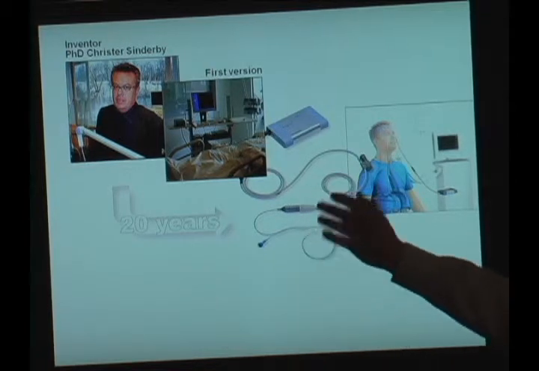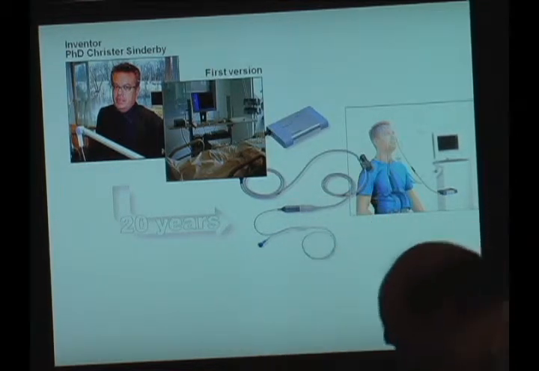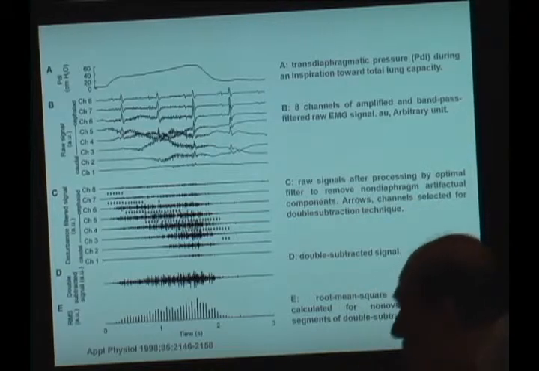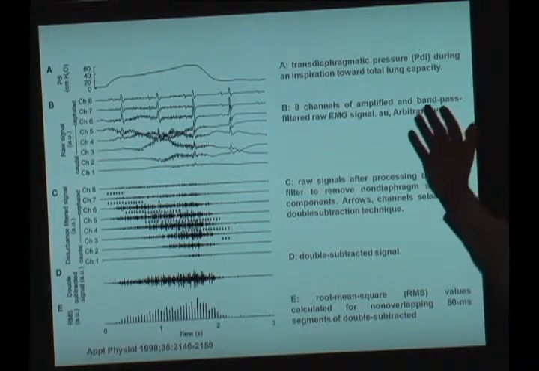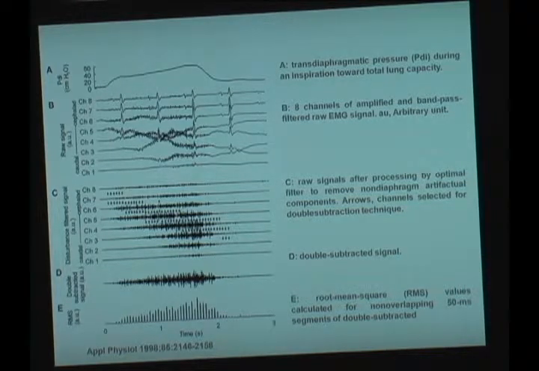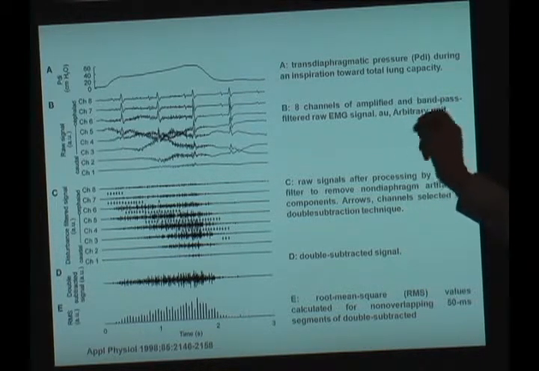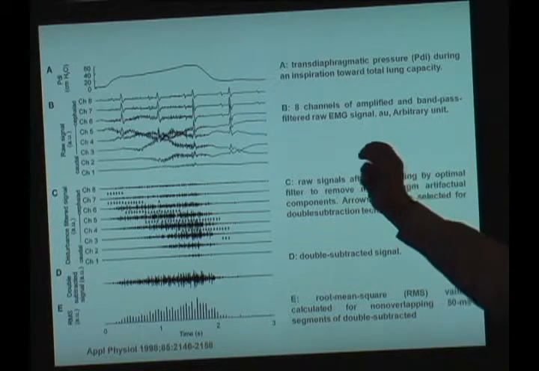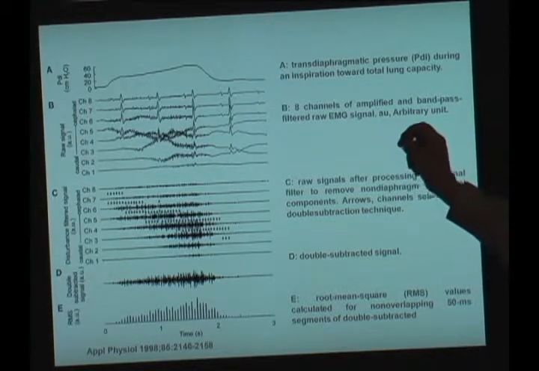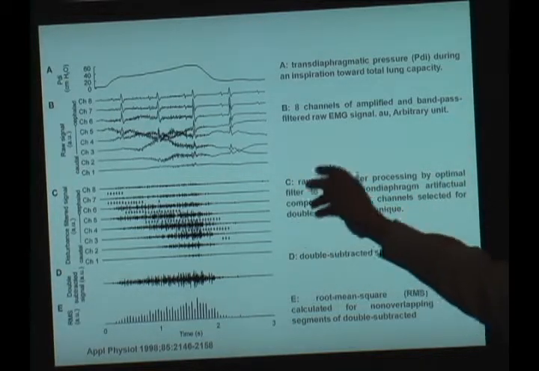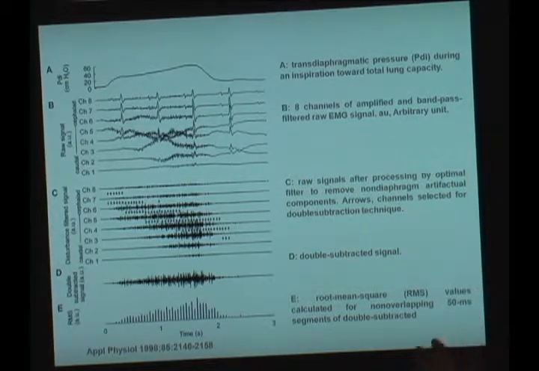Well, the inventor took 20 years to develop this device, and briefly, just to show you the electrical behavior, it is made by 8 channels placed in the nasogastric tube, and the signal is collected in the frequency domain instead of the time domain.